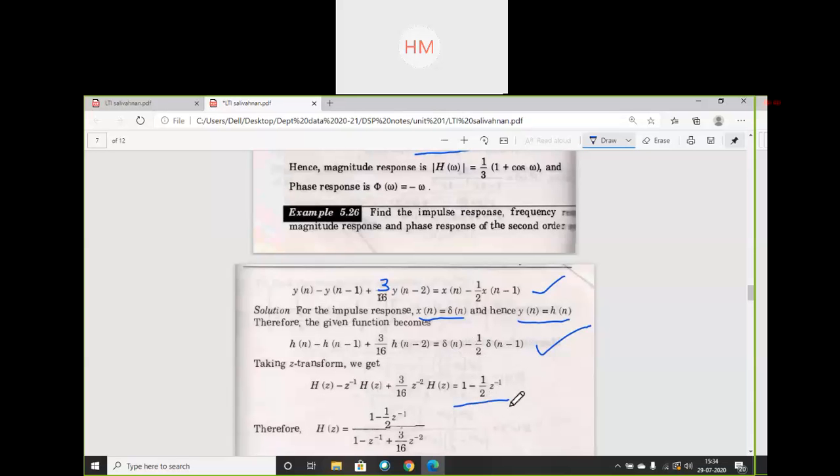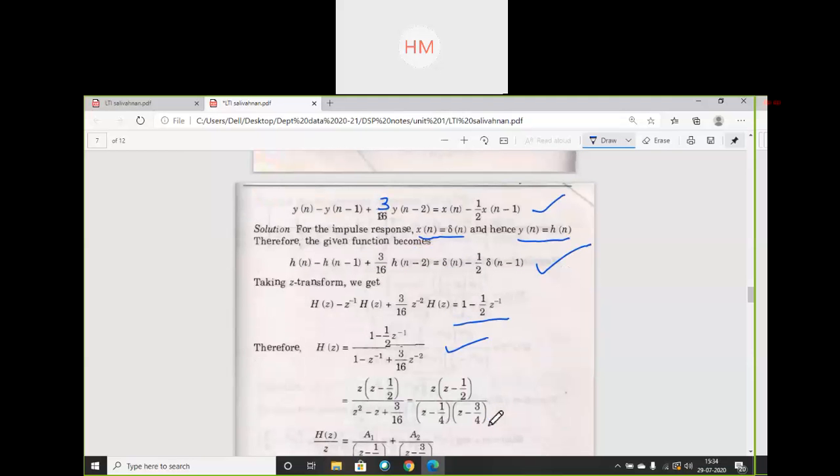Now I will find H of z. H of z is equal to taking common terms and dividing. Is it clear? Anything you want to ask? Okay, so this is my H of z. Whenever I am simplifying H of z to get h of n, the powers should be changed.